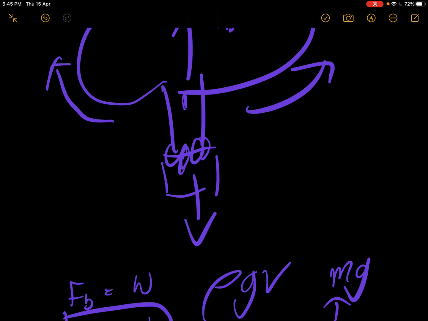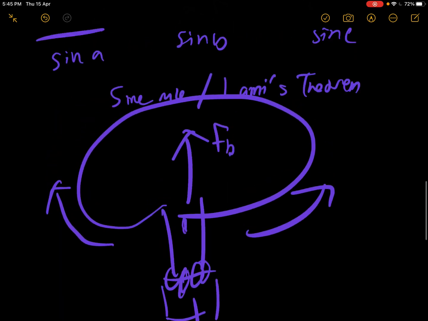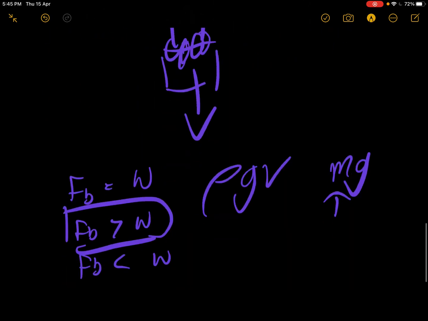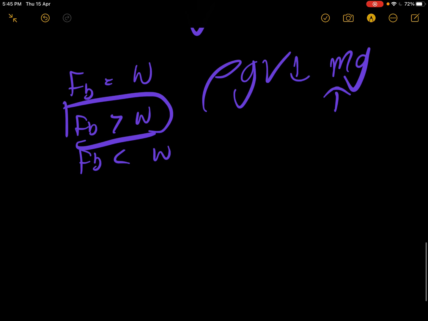If you want to bring yourself back down, you open the thing slightly, and then air will come out. That causes the volume of the gas to decrease. When the volume of the gas decreases, the buoyant force also decreases. So you want to release it to the point where it becomes like this again, and then the hot air balloon will go back to the ground.